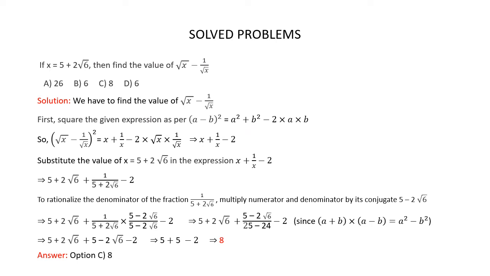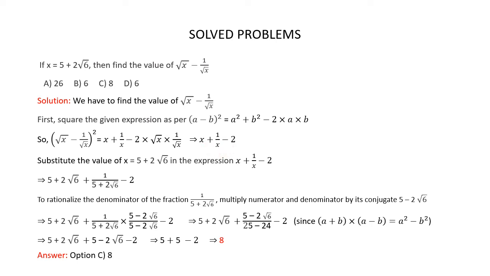So root x minus 1 upon root x the whole squared will be x plus 1 upon x minus 2 multiplied by root x multiplied by 1 upon root x, which is nothing but x plus 1 upon x minus 2.